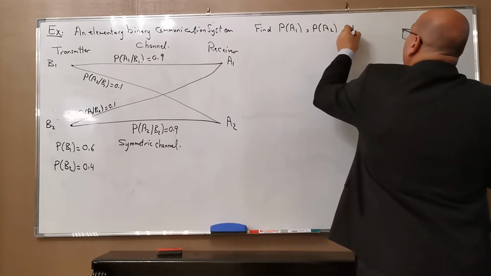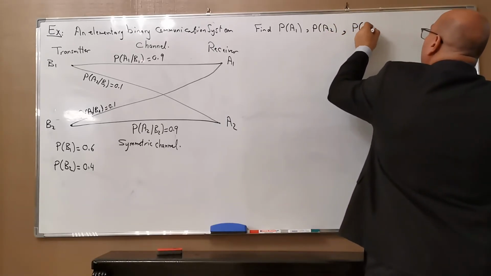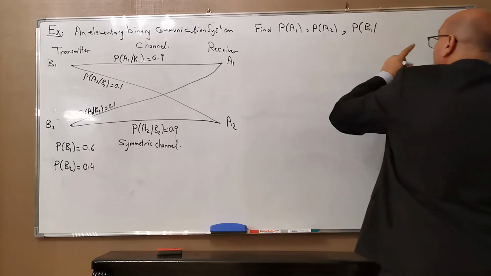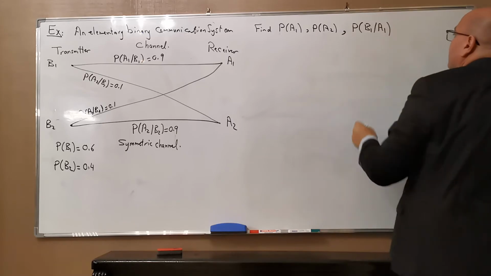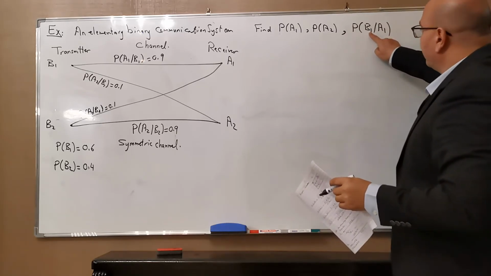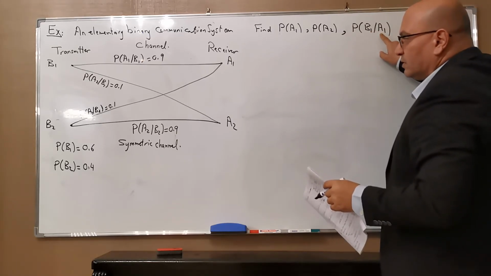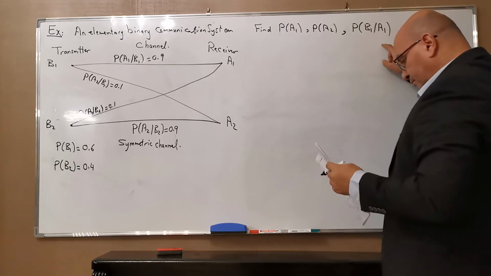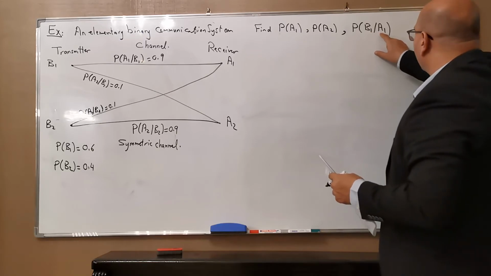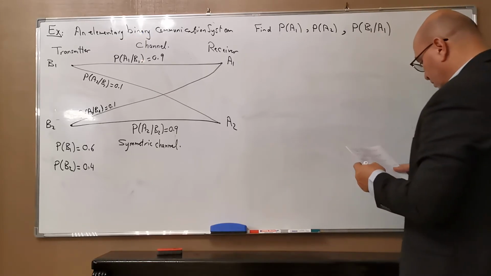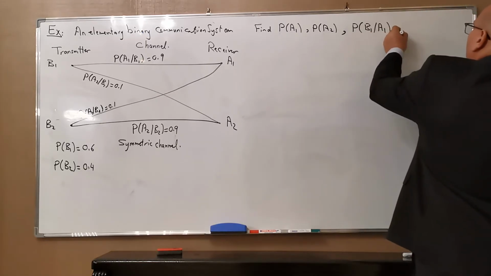What is the probability of B1 given A1? Sorry. What is the probability that B1 was sent given that A1 was received? I'm sorry about this.